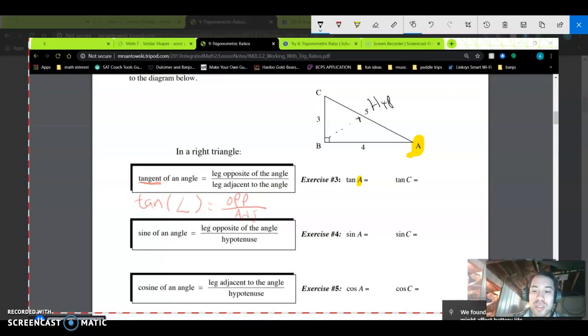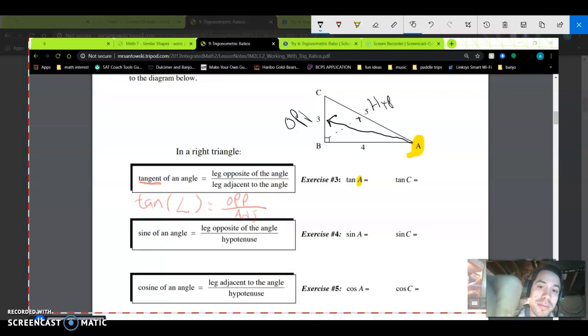Next, based on our angle, this is why we highlight the angle, we need to label our opposite side. The opposite side is the side that is furthest away. That's our opposite side.